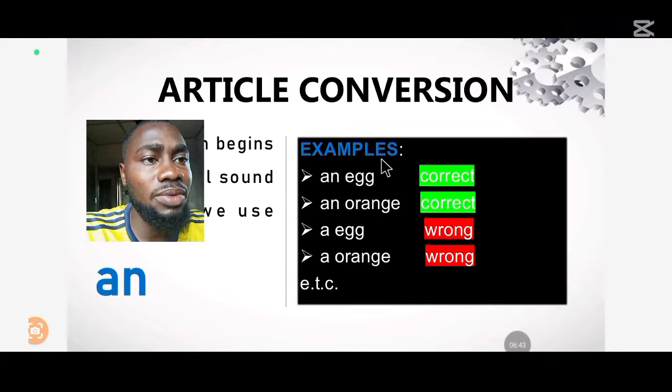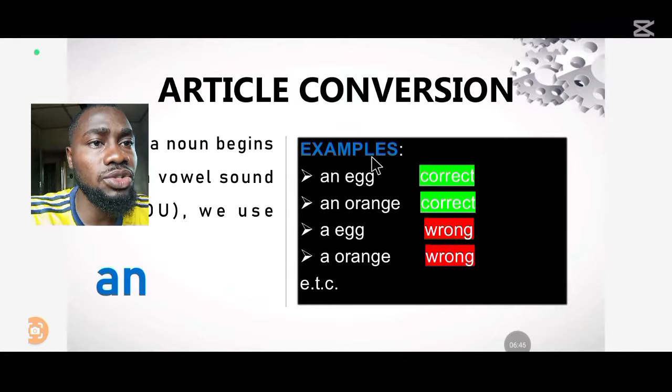Looking at the right hand side of the table to illustrate this, we have the examples there. An egg: the first syllable of egg is a vowel sound, so an is suitable and is deemed correct. An orange: the first syllable of orange is o, part of the vowel sound, so it's correct.